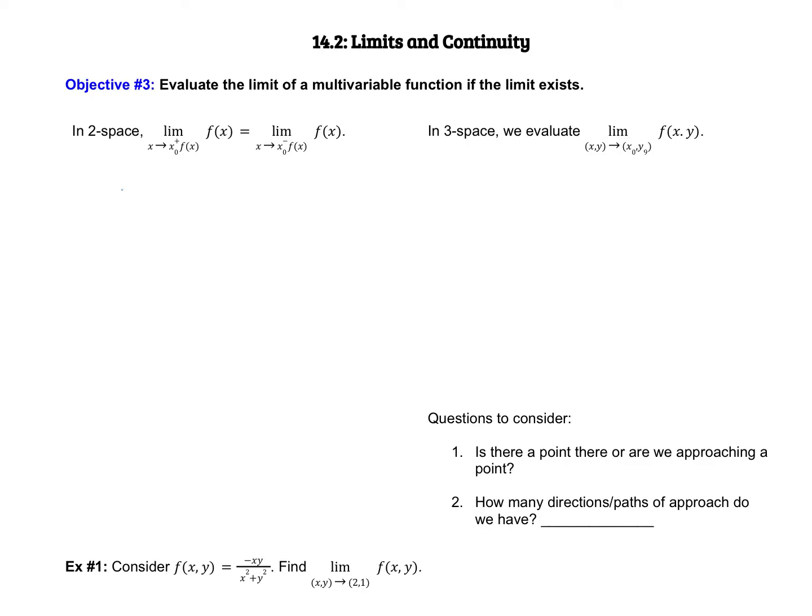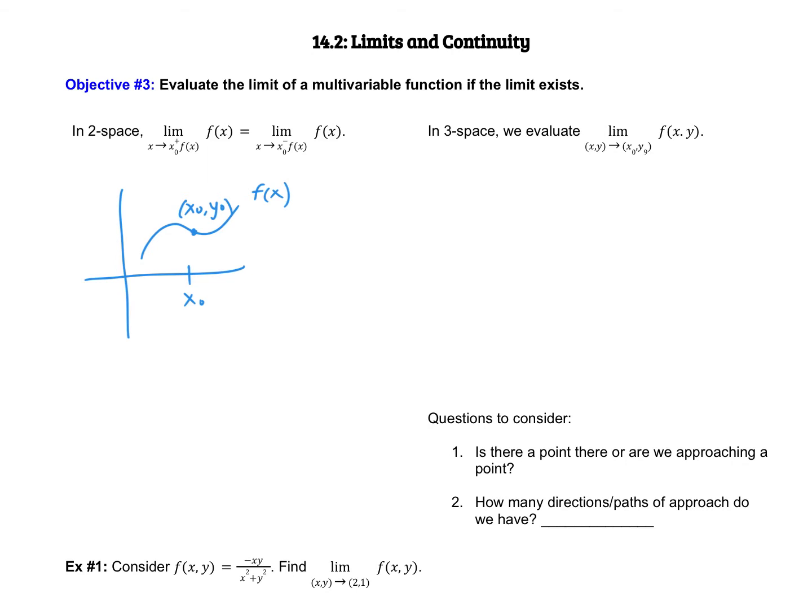In two-space, you have your x and y axis, and you have some function f in terms of x. And you're looking for the limit as x approaches some value. We have this point here, x naught, y naught.